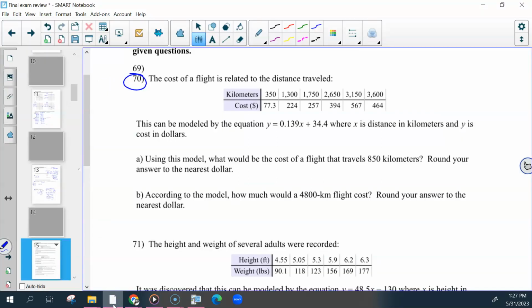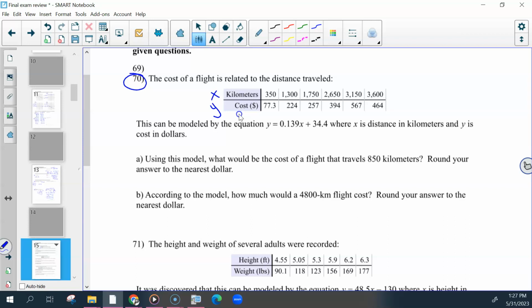So in this, would distance depend on cost, or would cost depend on distance? Would the distance that the plane is flying depend on the cost, or would the cost? Cost. Correct. The cost would depend on the distance, so whatever depends on the other is going to be your y. Distance is something you can't change, so that's always going to be something independent, so x.